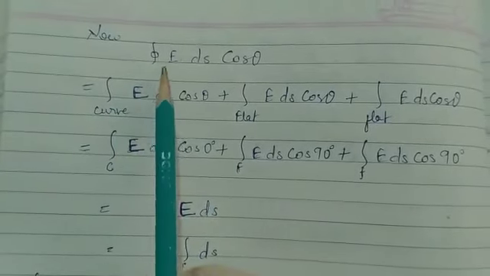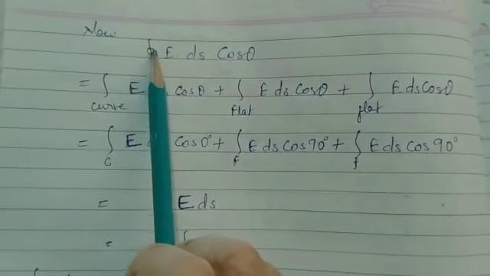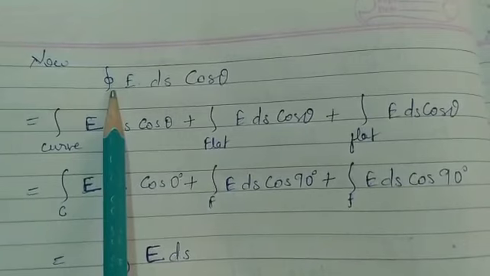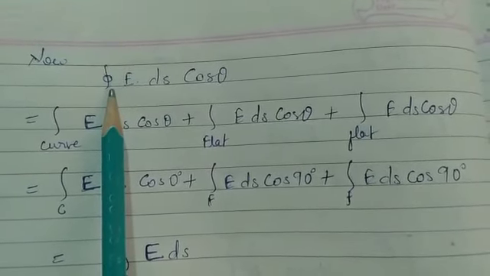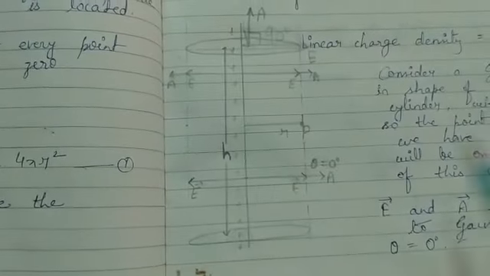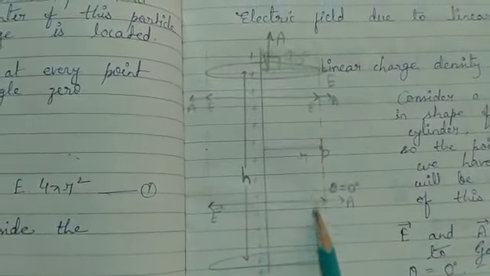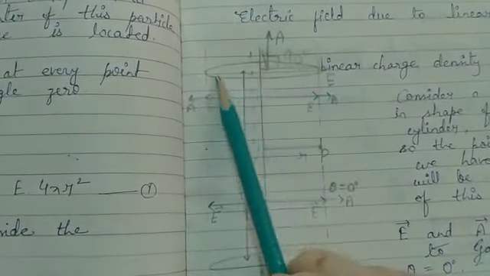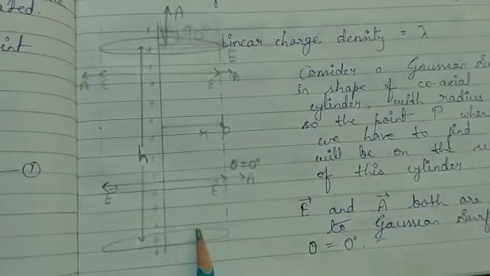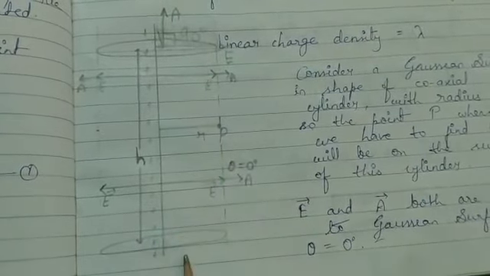Now we have to find the value of the closed integral of E dS cos theta. This is the integration over the whole cylinder, so we divide it into 3 parts: curved surface, flat surface and flat surface.